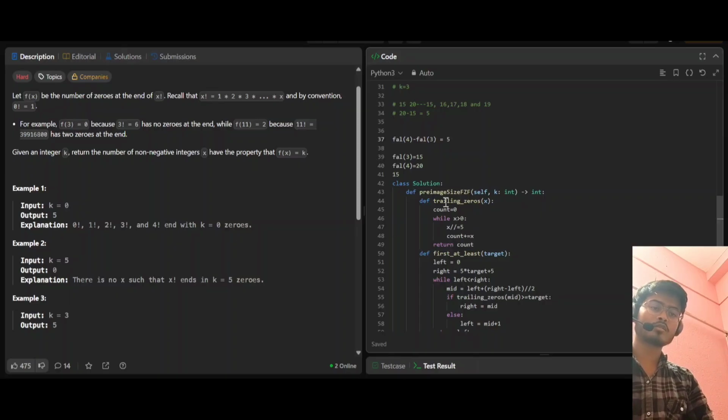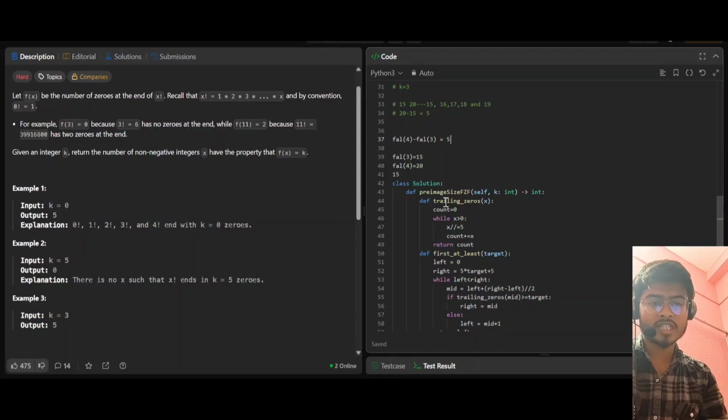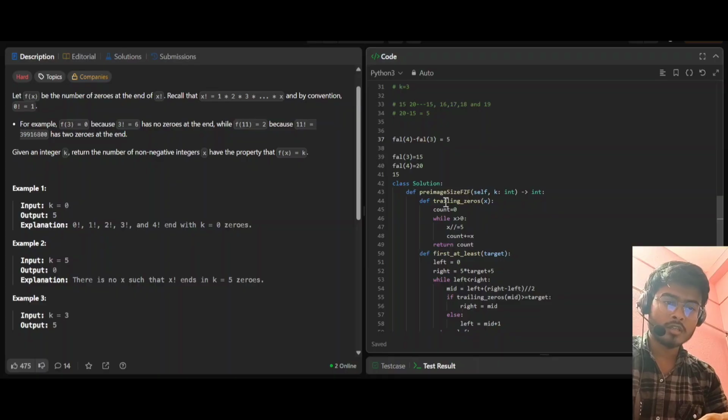Let's try a run for k equal to 5. We need to calculate first at least 6 minus first at least 5. At 24, the trailing zero count is 4. At 25, the trailing zero count becomes 6 as we saw earlier. Therefore, the first value where the count is at least 5 is 25. The first value where the count is at least 6 is also 25.